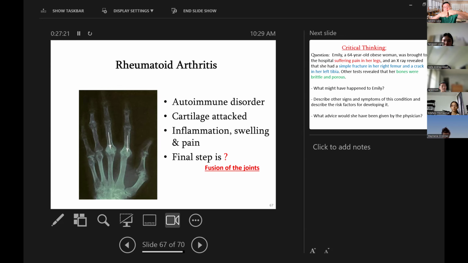So when bone touches bone directly without cartilage, they will start fusing. And we can see right here in this X-ray, the knuckles of this individual are already completely fused. Because again, there isn't any joint in there, any cartilage in there. Eventually, all of those joints are going to fuse together.